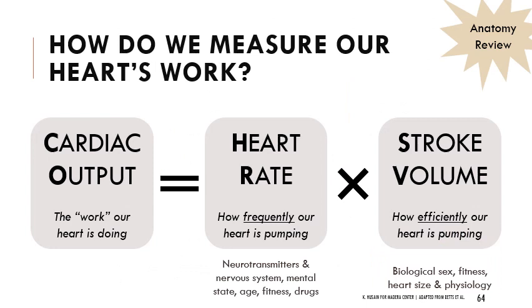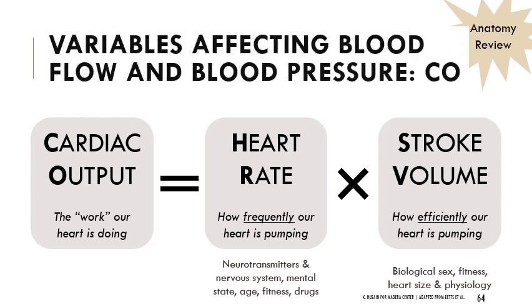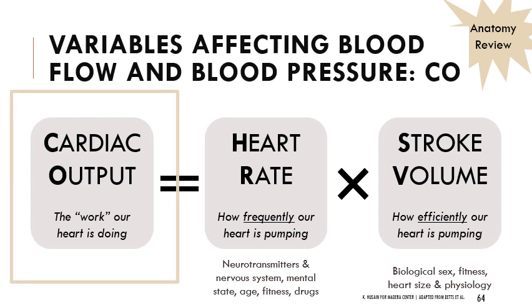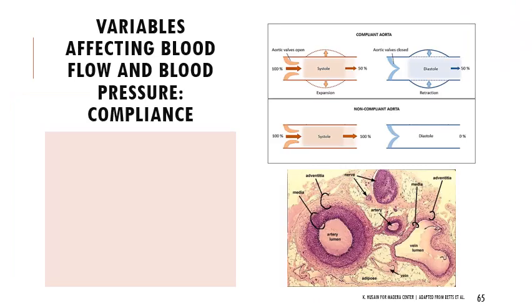Okay, so again, just reminding you of this formula, cardiac output is equal to heart rate times stroke volume. So when we're thinking about variables that affect blood flow and blood pressure, one thing to consider is cardiac output. So remember, this is measured in liters per minute. So that is one thing to consider, is the cardiac output that affects blood flow and blood pressure.